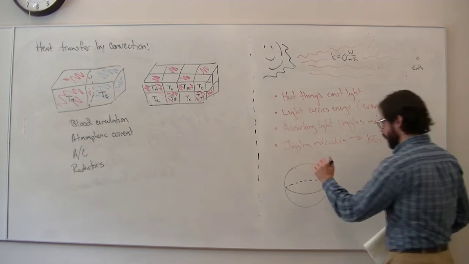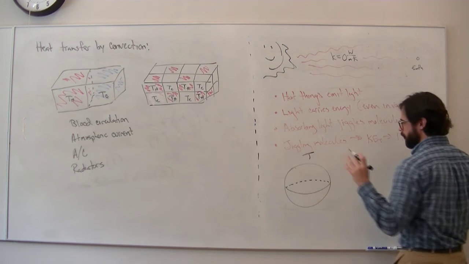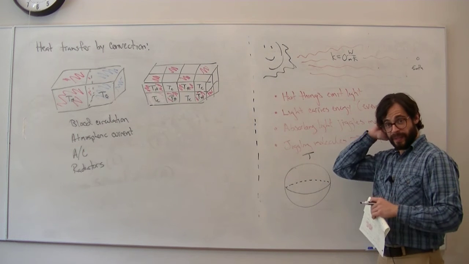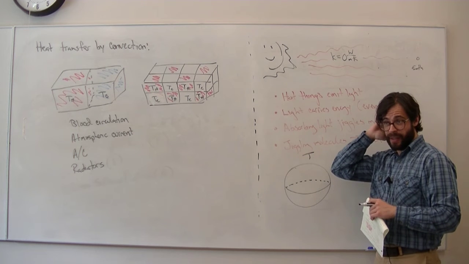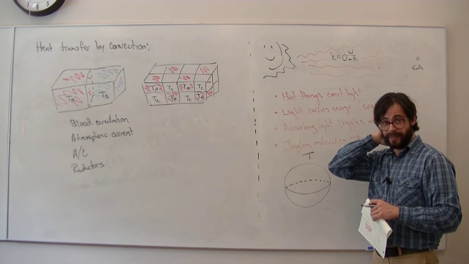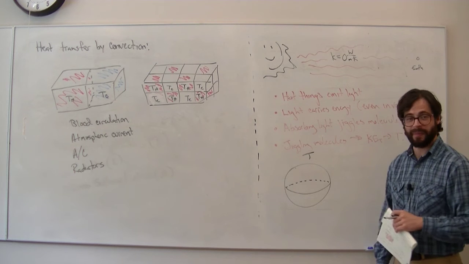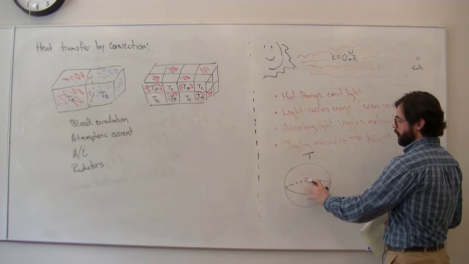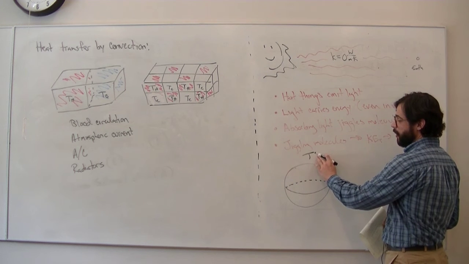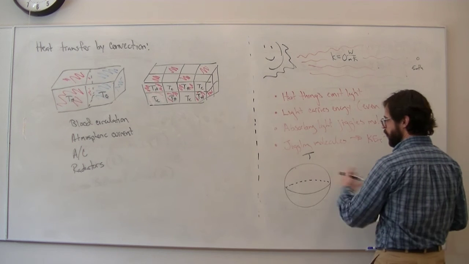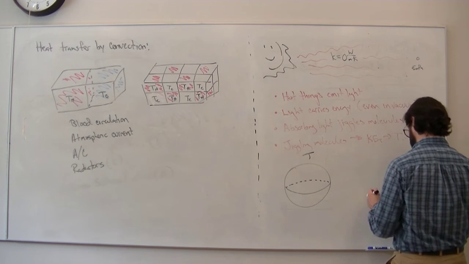And this thing is hot, it's at some temperature, and it's emitting photons. So let's say it's red hot, okay? So if I show you a picture of a red hot thing, can you tell if it's hollow? Probably not. So in fact, what's going on inside doesn't matter: all things that have the same surface area and the same temperature behave the same, because the photons are leaving the surface, so that's all we care about.